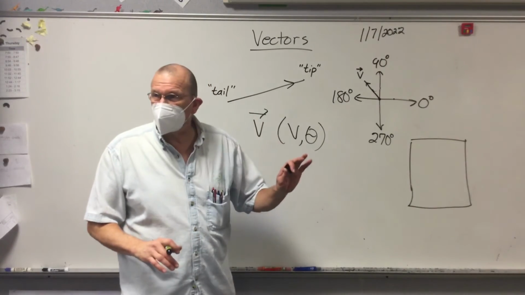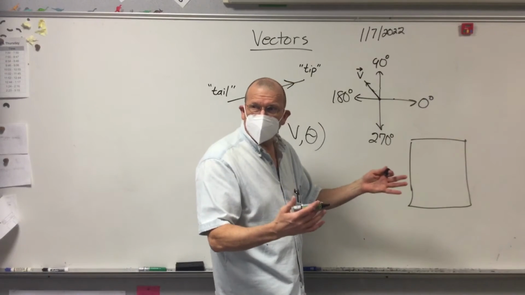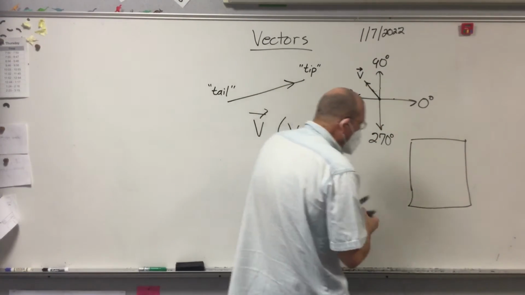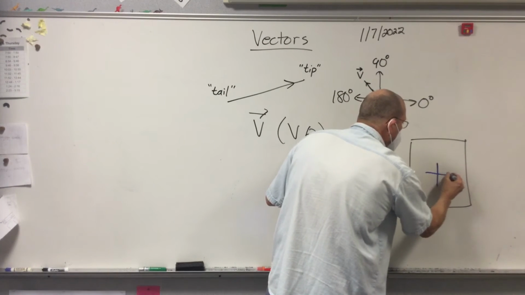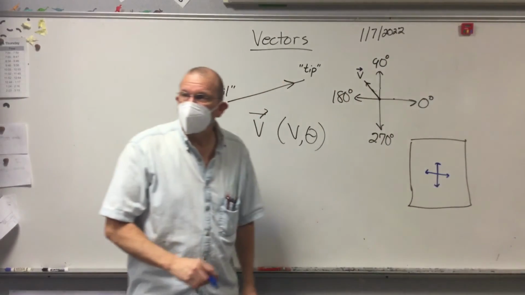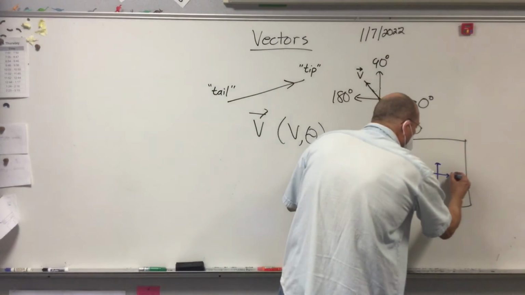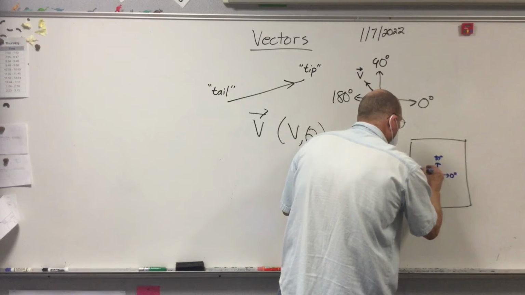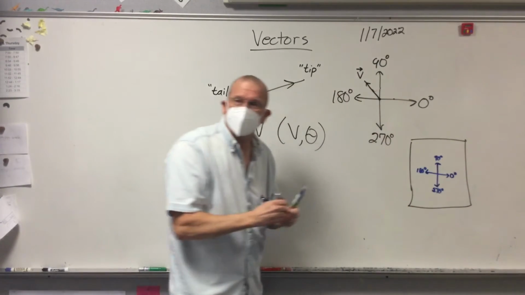Once you get your graph paper, I want you to locate more or less the middle of the paper, and I'll do this in blue, and I want you to draw a tiny set of axes representing your polar coordinates, and I do want you to label them 0 degrees, 90 degrees, 180 degrees, and 270 degrees on the ends there.